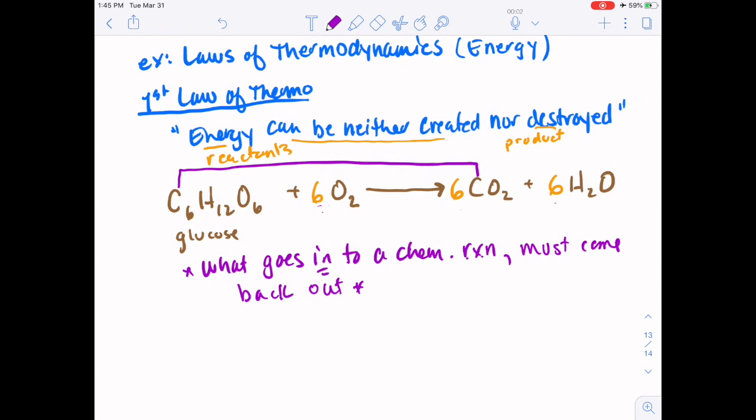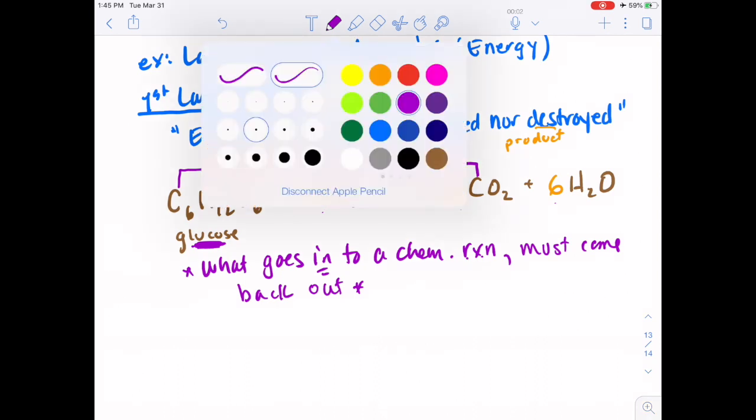So this molecule of glucose that has 6 carbon atoms, you're going to have 6 CO2 molecules at the end. That's the first law of thermodynamics.